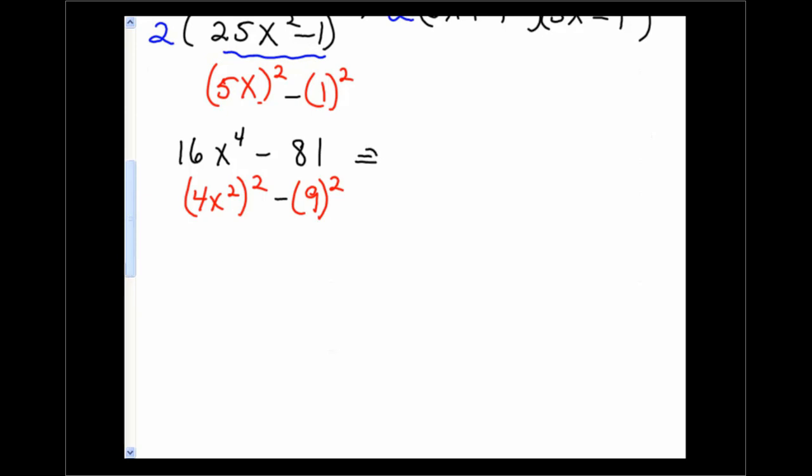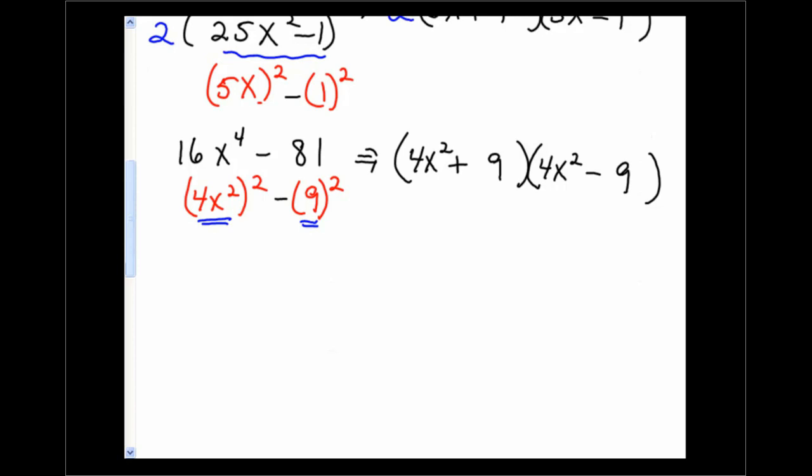So this will factor to two binomials. One is addition, one is subtraction. The first term inside the binomials will be the 4x squared. The second term inside the binomials will be the 9.